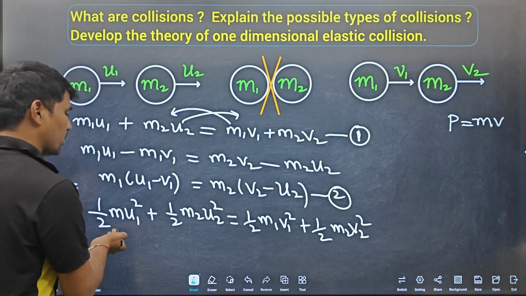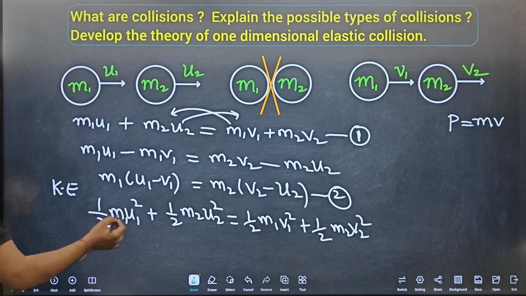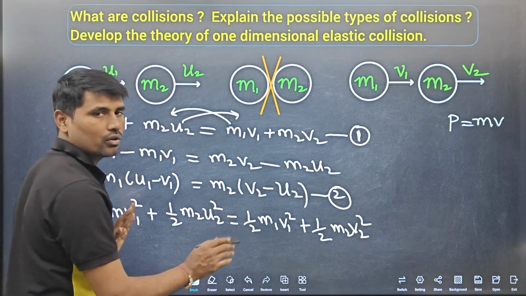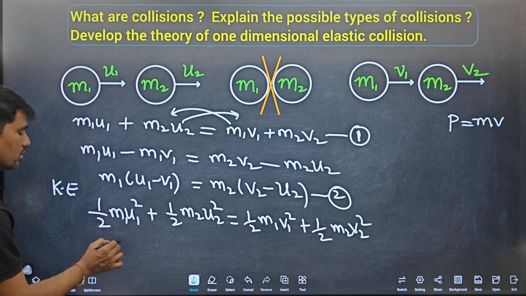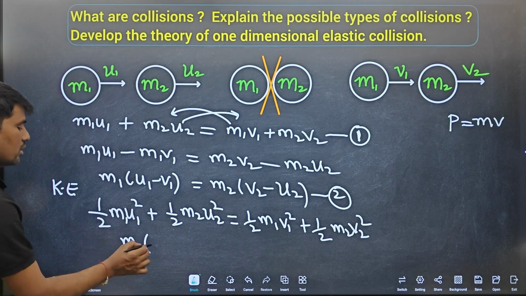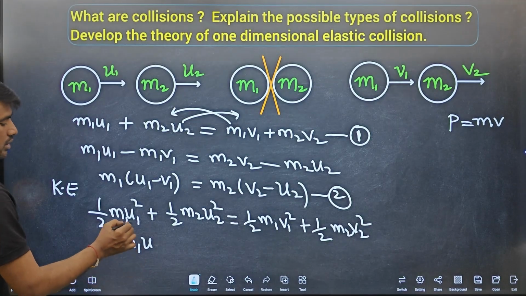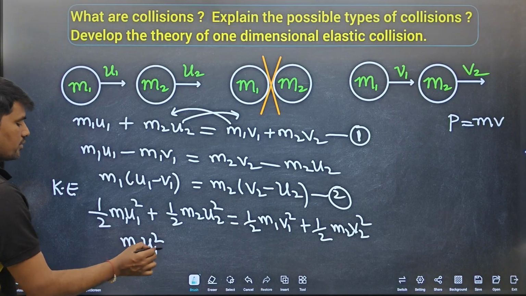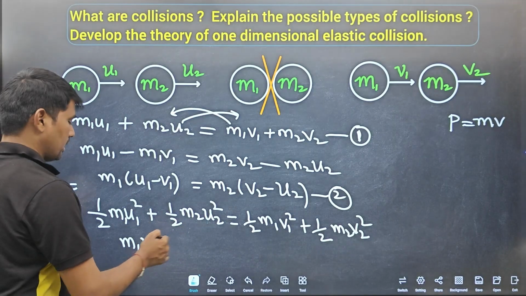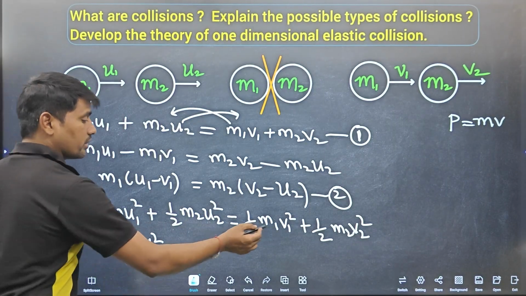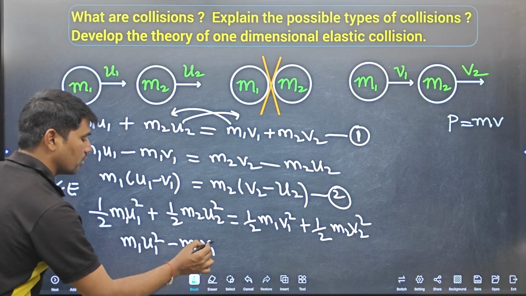The same thing we have to do, taking out m1. In both sides, if you take out 1 by 2 common, then 1 by 2 will be cancelled. Then we take out the m1 terms: m1 u1 square, and I am taking m1 v1 square to this side, minus m1 v1 square.